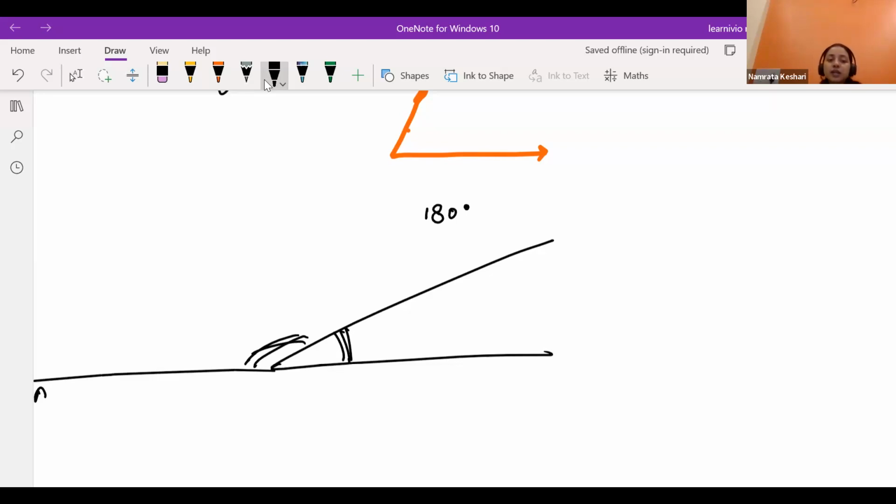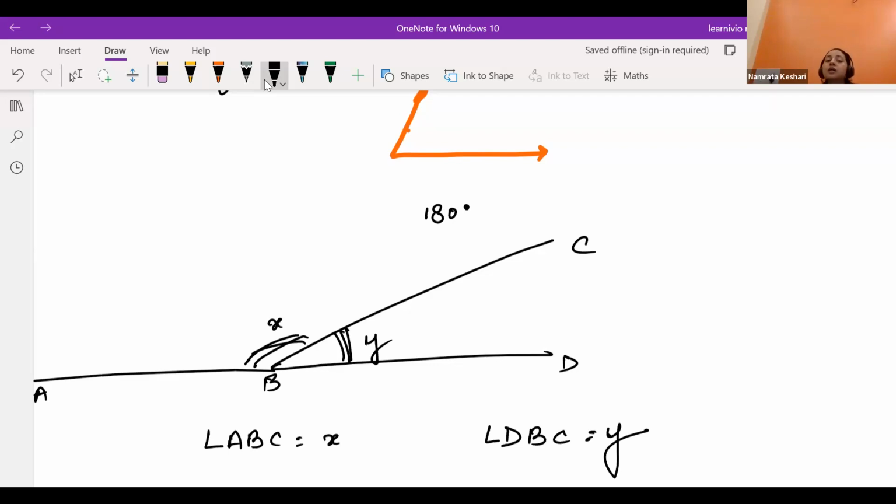If I name it A, B, C, D, we can say angle ABC is X and angle DBC is Y. These are the two angles we have. If X plus Y is 180 degrees, then the non-common arms, these two, AB and BD, are not common to both angles.